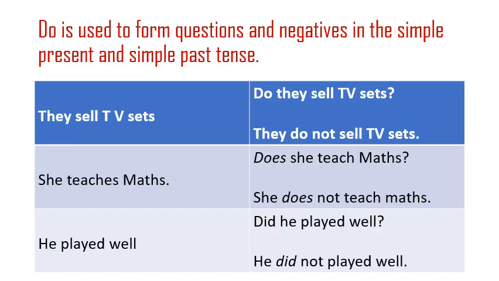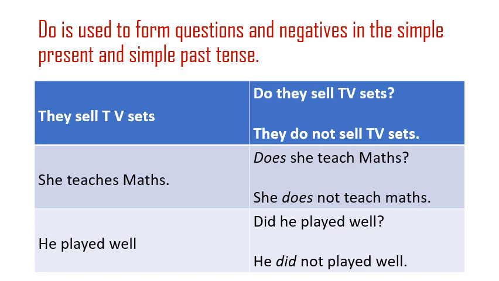Now, do is used to form questions and negatives in the simple present and simple past tense. The use of do: do is used to form questions and negatives in the simple present and simple past tense. Let us check an example. They sell TV sets.